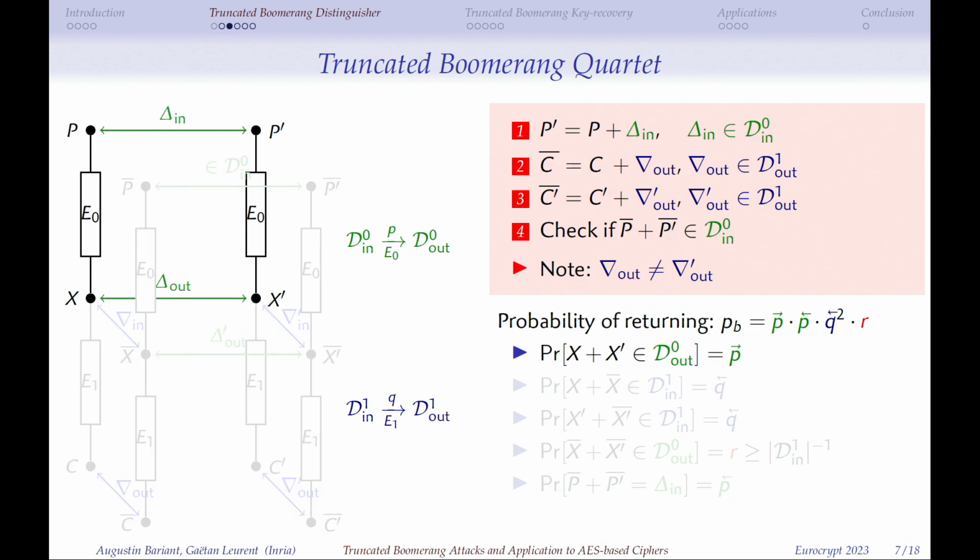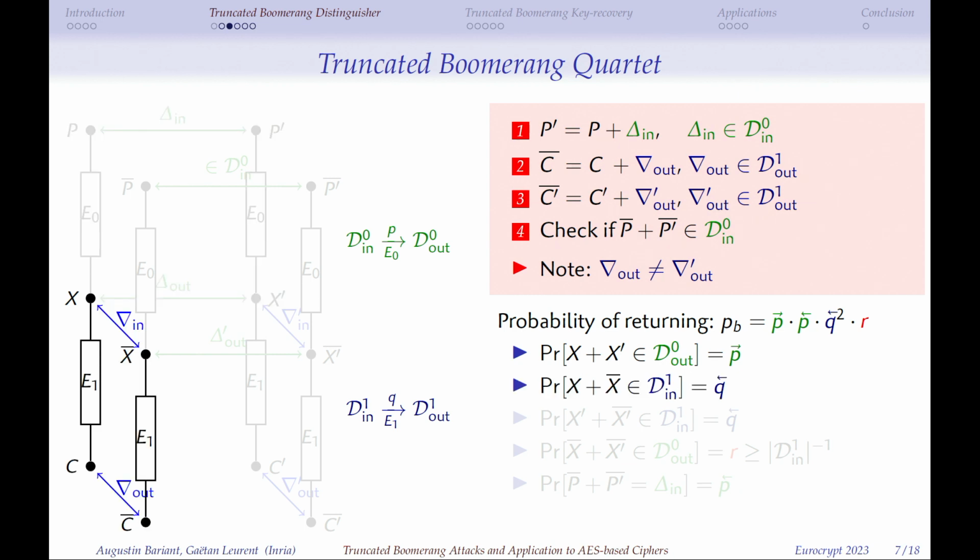So why do we get this formula? We start with a pair P, P prime, and with some probability, when you encrypt them through E0, you get X, X prime with a good difference delta out that is in the set that you want to reach, and this happens with probability P forward.